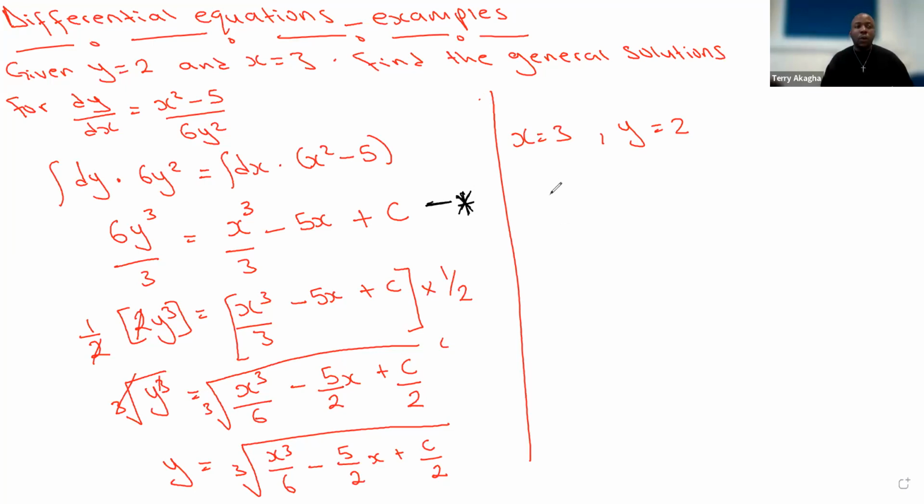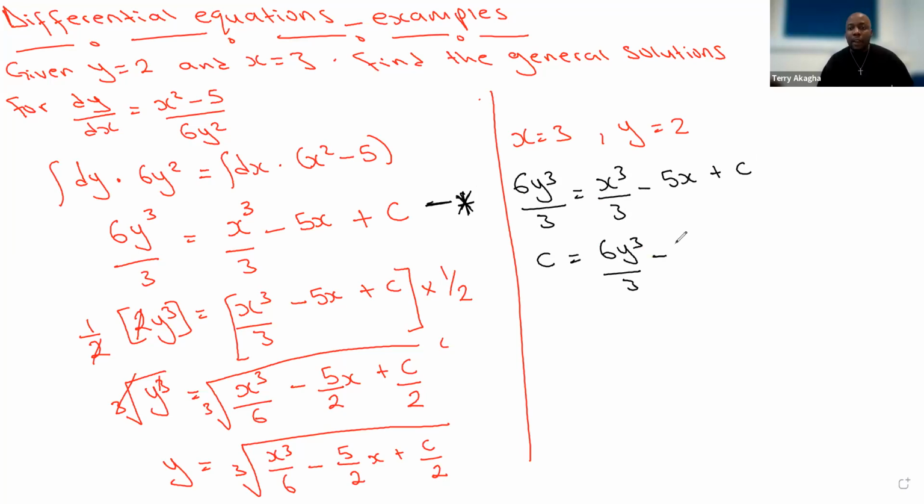So I know that from the asterisk, we know that 6y cubed over 3 is equal to x cubed over 3 minus 5x plus c. All right, I'll make c subject of the formula now. So c will be equal to 6y cubed over 3 minus x cubed over 3 plus 5x.